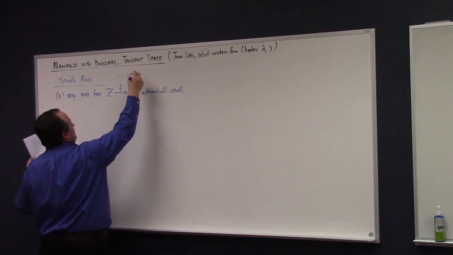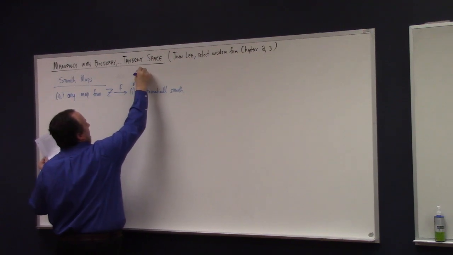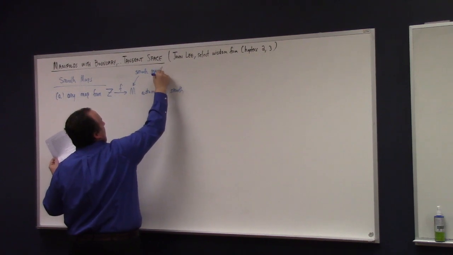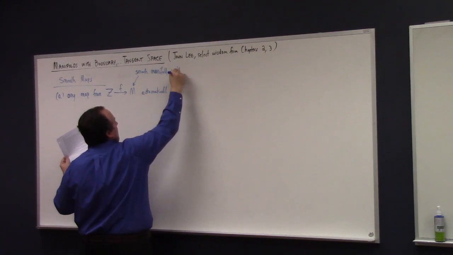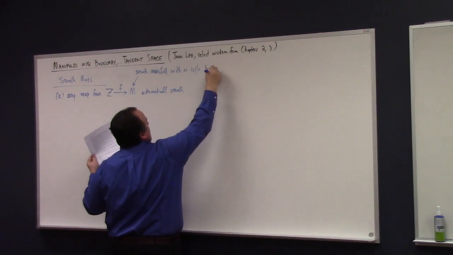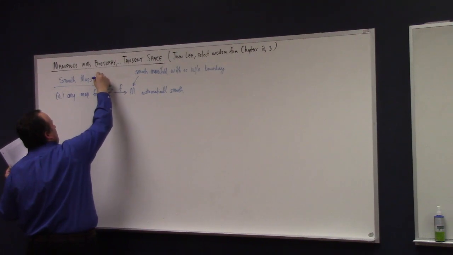Let M be a smooth manifold with or without boundary, and here this Z I'm saying is a discrete space.